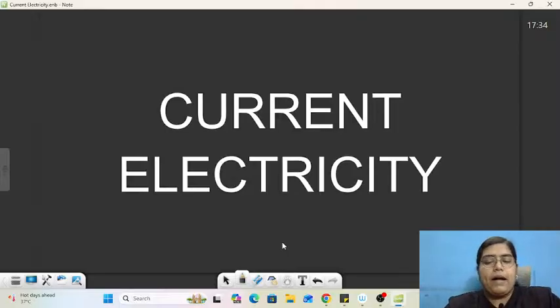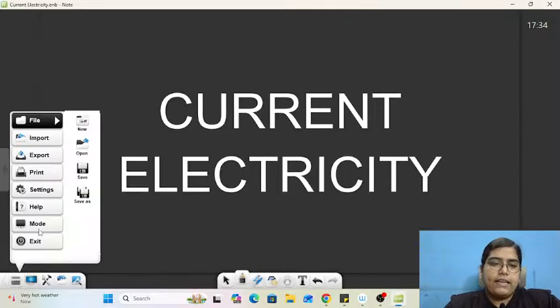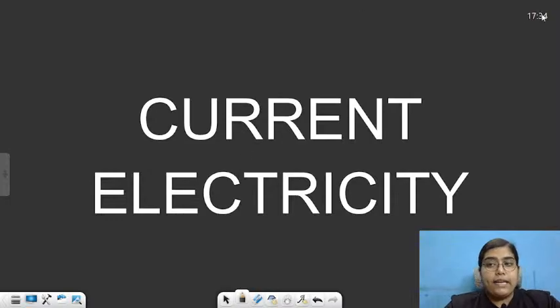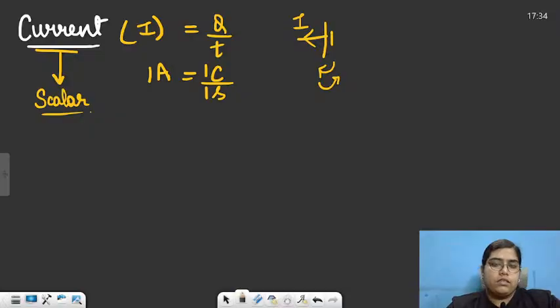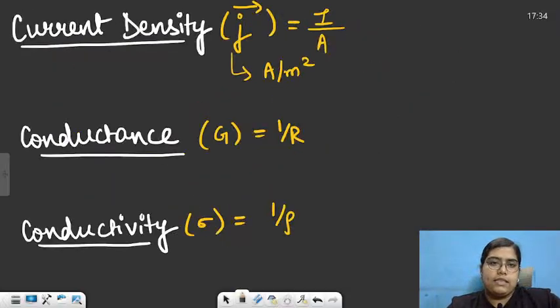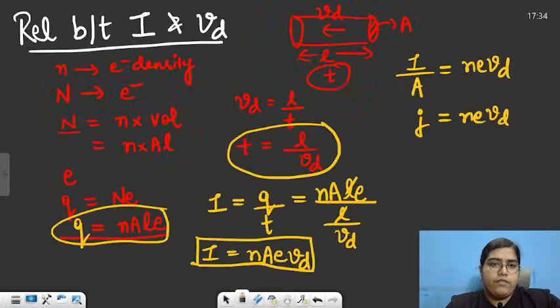Okay, so coming back to our chapter, we are going to continue current electricity from where we left off yesterday, right? Yesterday we discussed the basics, what we mean by current, and the formula. Then we discussed Ohm's law, resistance, current density, conductance, conductivity, drift velocity, and the relation between current and drift velocity.